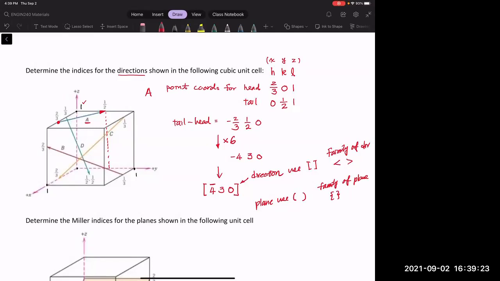Okay, so this is for the direction A. Let's do one more, the direction of B. I'm going to use another color here. So this is the direction of B. The head is, well, how do I define head?